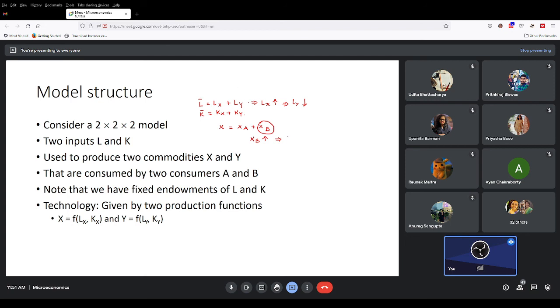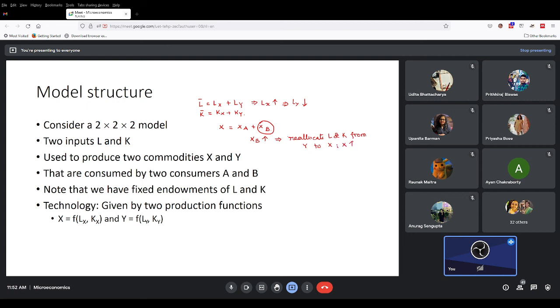Can we reallocate labor and capital from Y to X? In that case, what will happen? So are X and Y two different technologies? X and Y are two commodities. Exactly. So suppose we reallocate labor and capital from Y industry to X industry. In that case, what will happen?